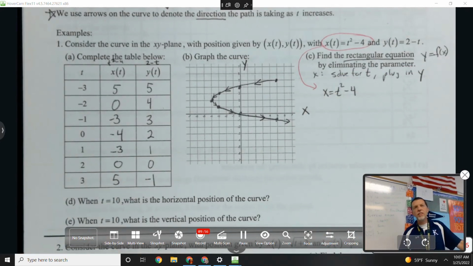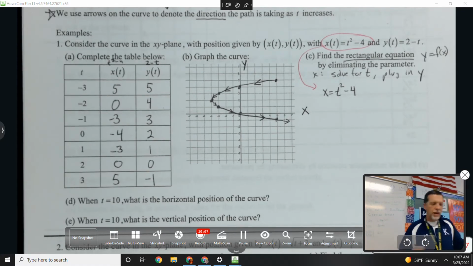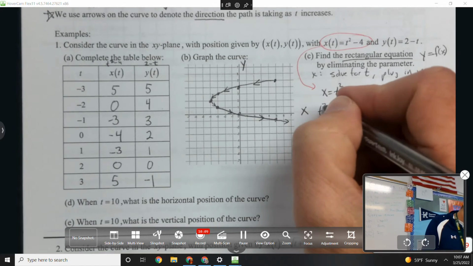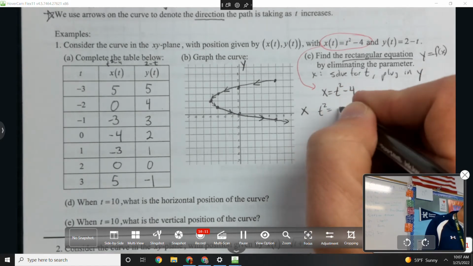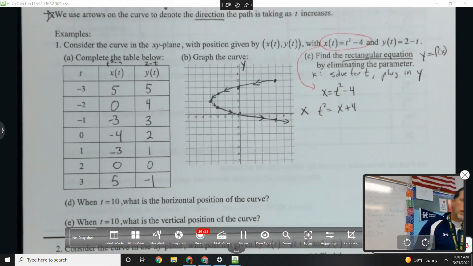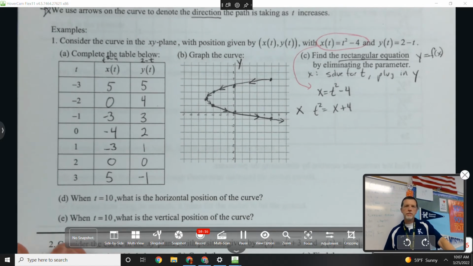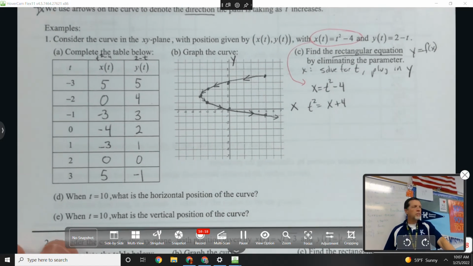And let's solve that for t. So what should we do to solve that for t? I'd move the 4 over. I guess you could move the t over, but then you'd really have to do some fixing. So let's move the 4 over. So t squared equals x plus 4. And then what do you want to do?